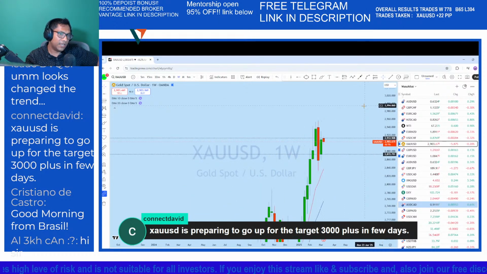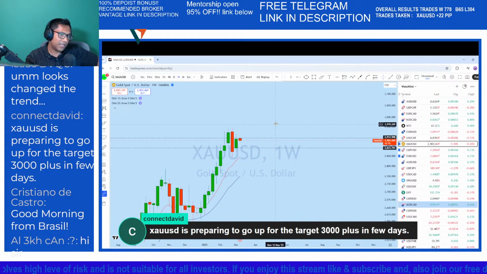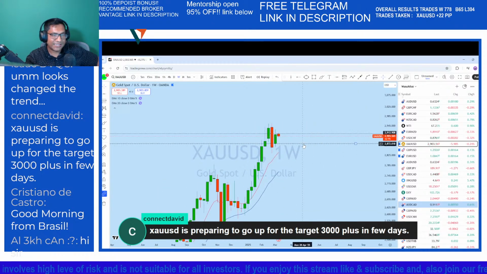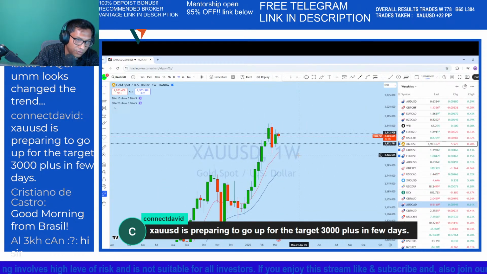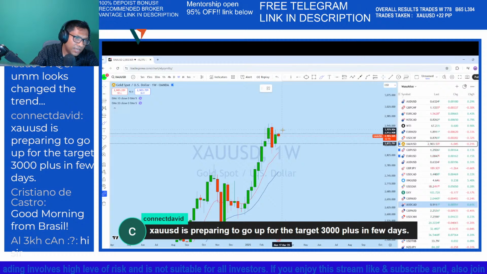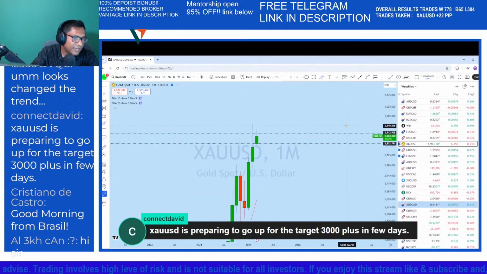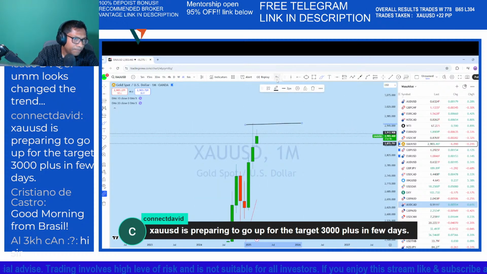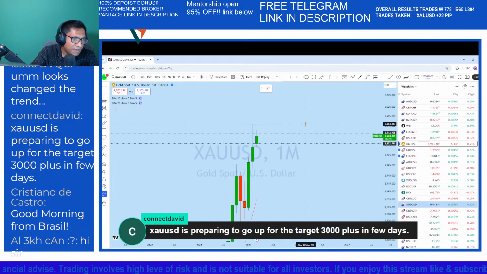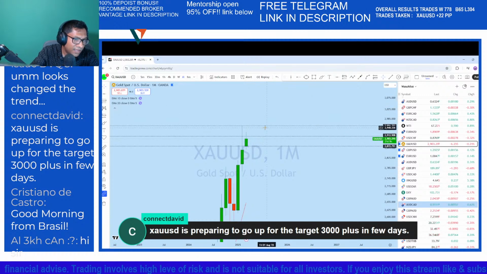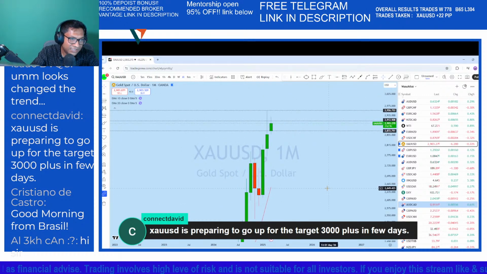But from the weekly, what I see is a possible sideways movement. So we might see a weekly consolidation. If we see the weekly consolidation, then we might see this monthly candle not being able to break this high, and then we might see downward pressure.